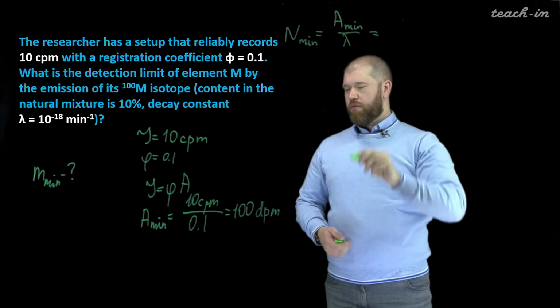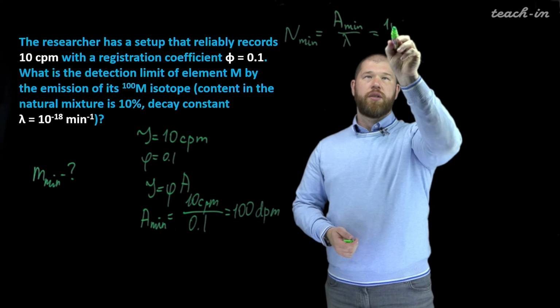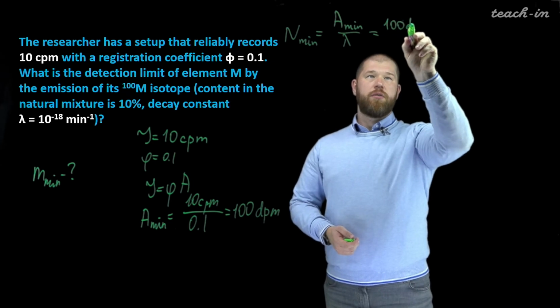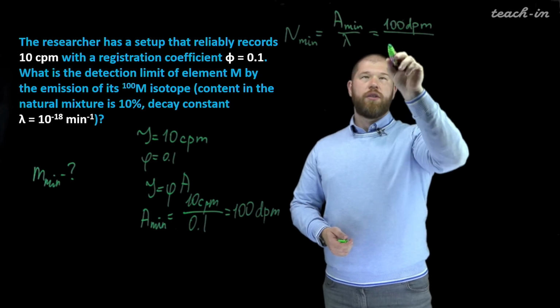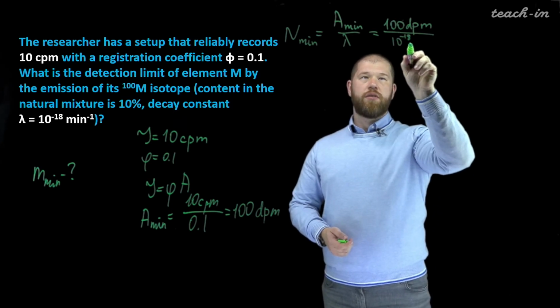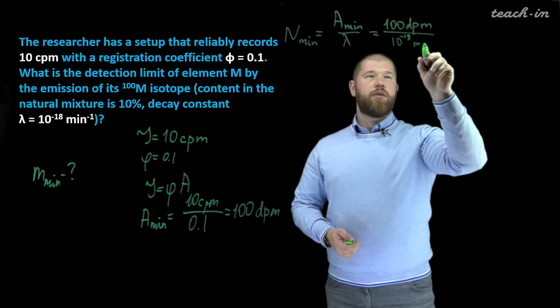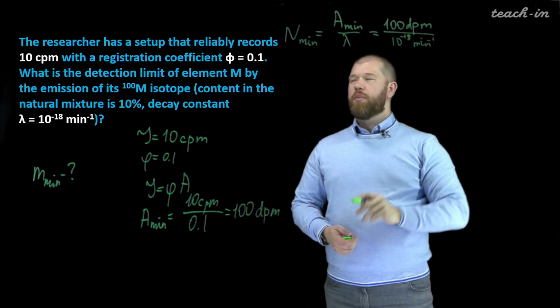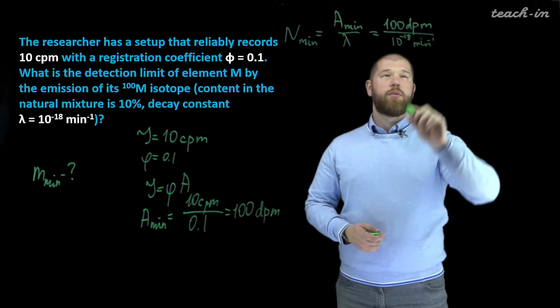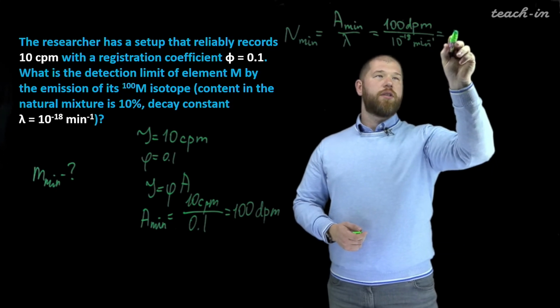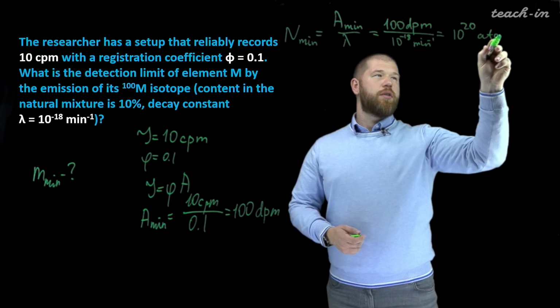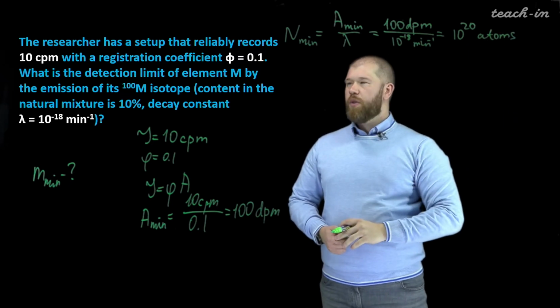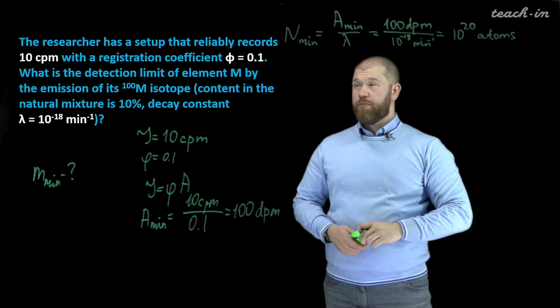So we take our numbers, it is 100 dpm divided by 10 to minus 18 minute to the minus 1. So it will be 10 to 20 atoms, let's say, of this isotope.